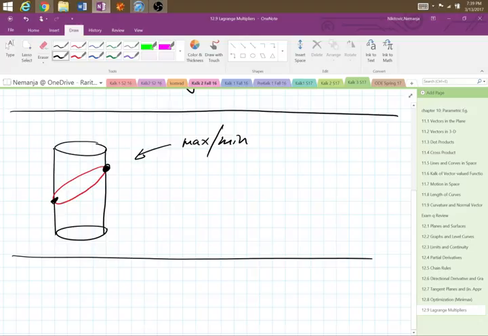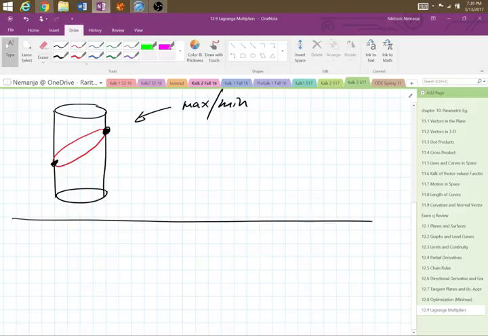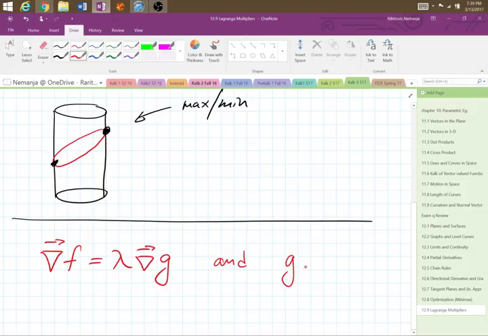So we just write the overall equation that solves these problems. Gradient of f is equal to lambda times gradient of g. That's the equation that solves everything. And g of x, y, which is the constraint function, equals 0.